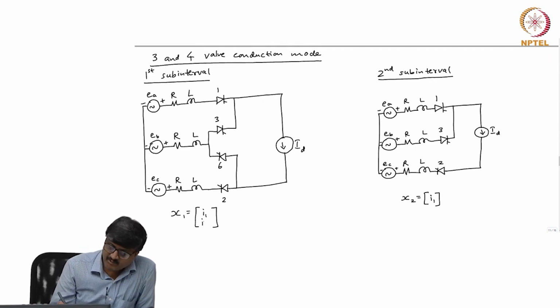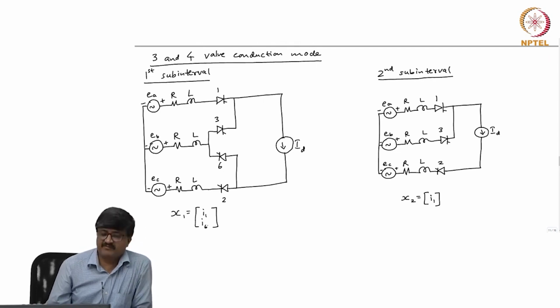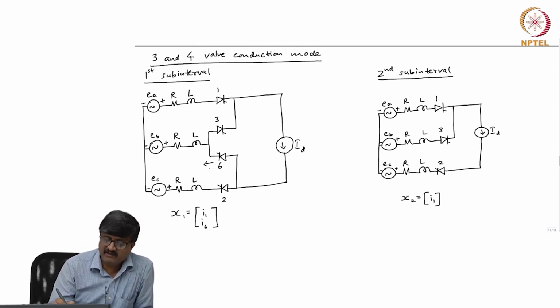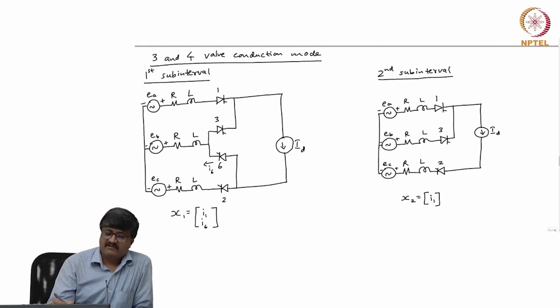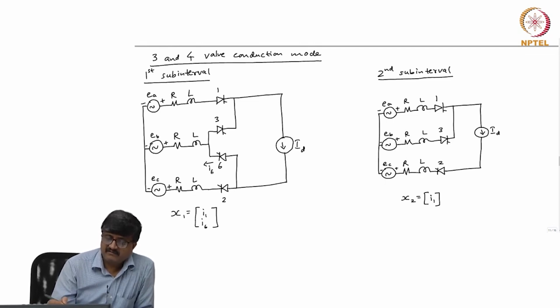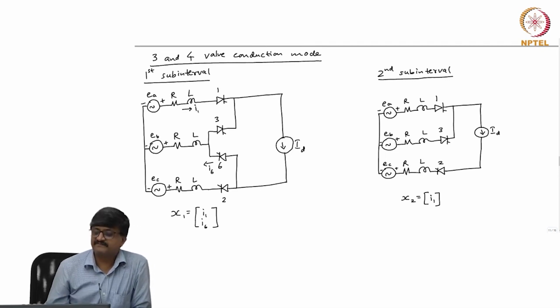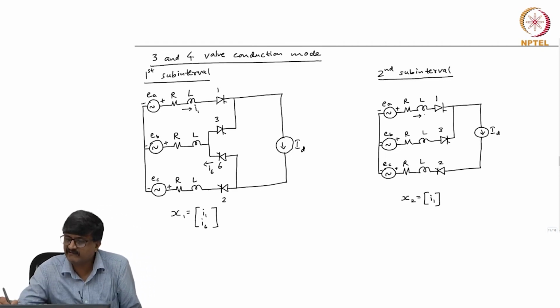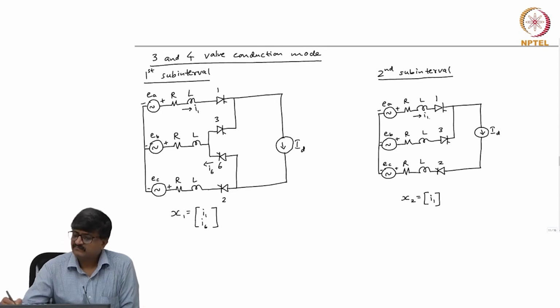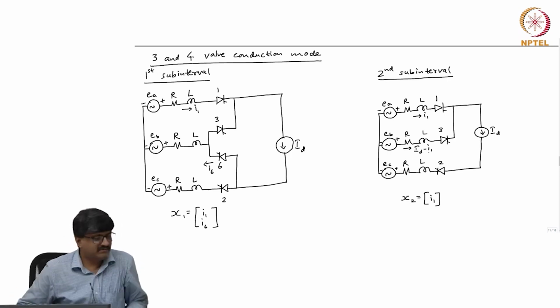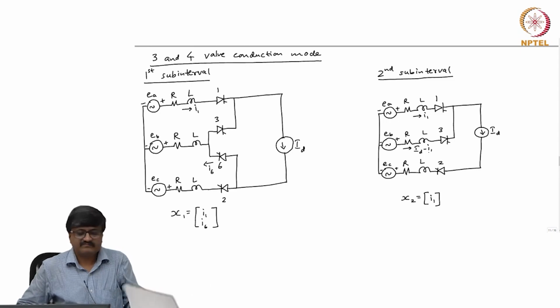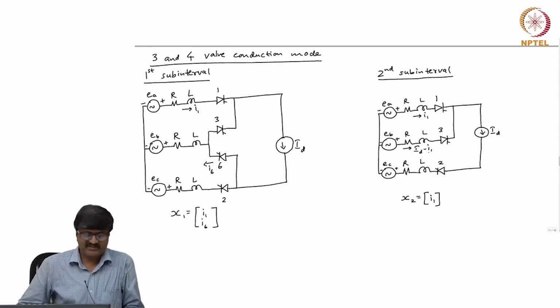So, the current through the outgoing valve I 6 is the last element of x 1. So, I have I 1 and I 6 as elements of x 1, and of course, this is I d minus I 1. So, I got x 1 and x 2.